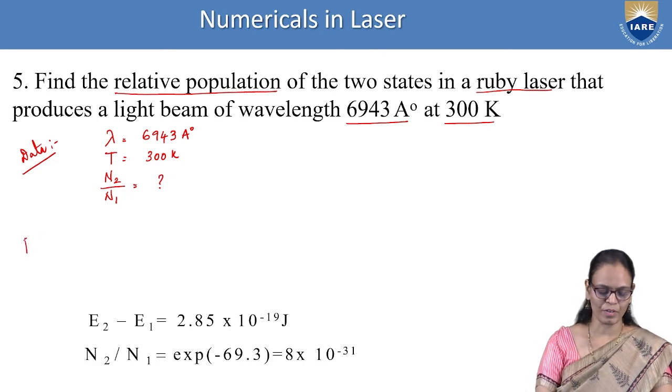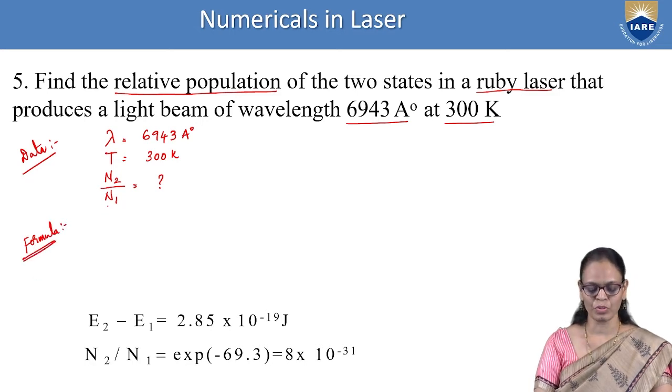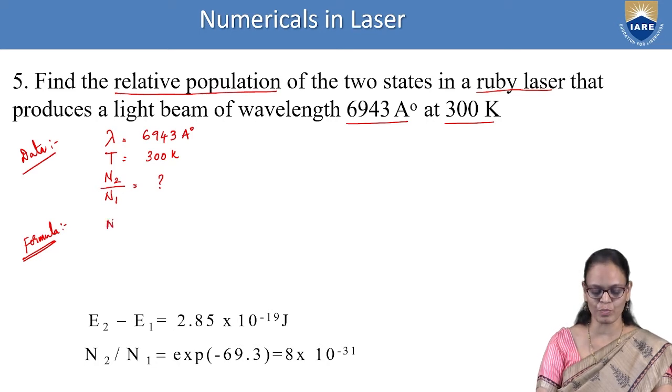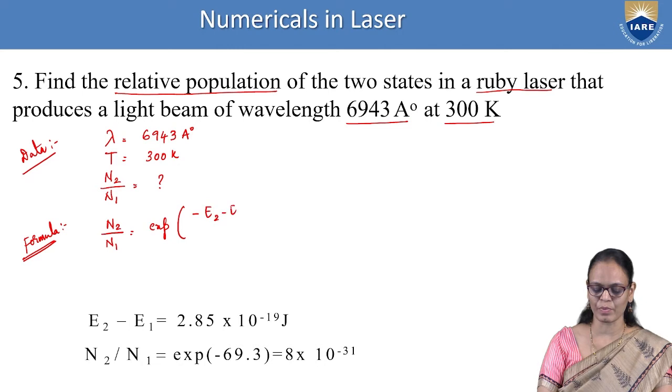So what is the formula we have for the relative population? We have already seen in the beginning how to get the formula. N2 by N1 is equal to exponential of minus of (E2 minus E1) upon KBT.